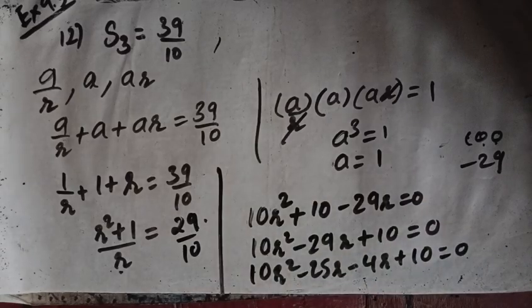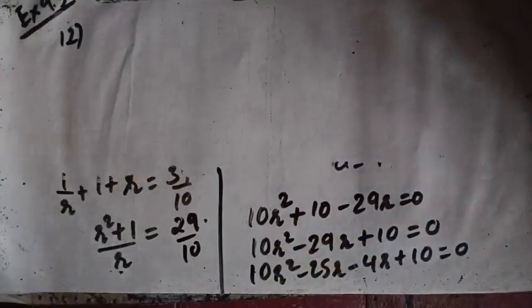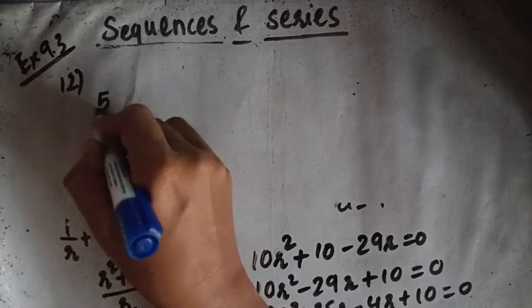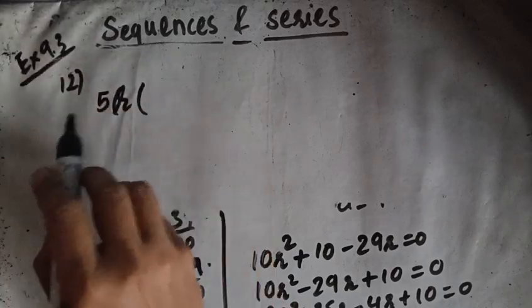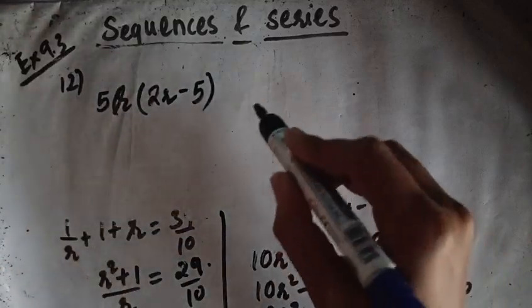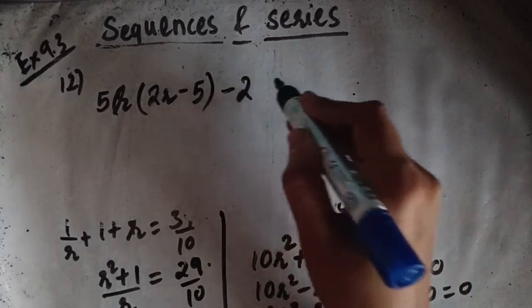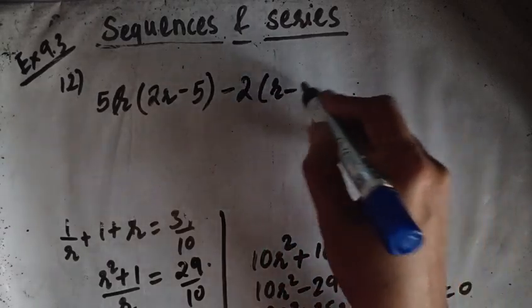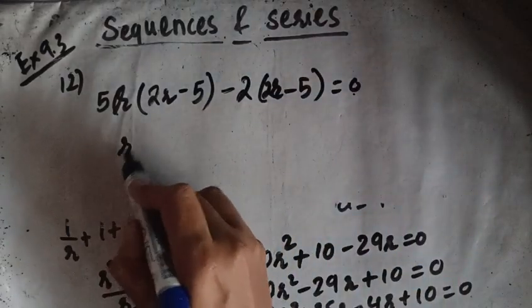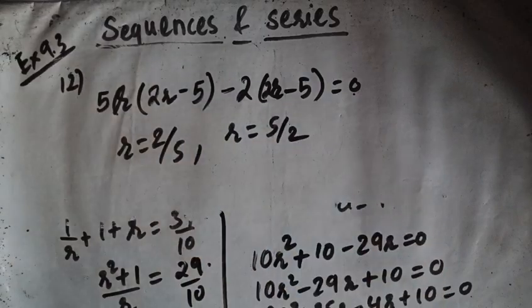Okay. So taking common, 5. So r is equal to 2 by 5 and r is equal to 5 by 2. Okay.